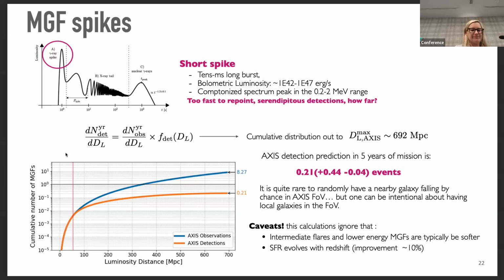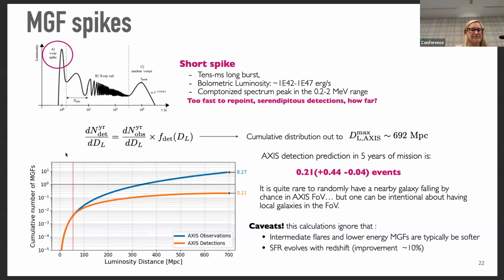This is because it's quite rare to have a nearby galaxy where you can detect also the fainter events within the field of view, but you could be strategic about it. Also, I haven't checked how many local galaxies are in Chandra's field of view for any observation. This could be something to check, because that could enhance the chance to get this, but it's hard.